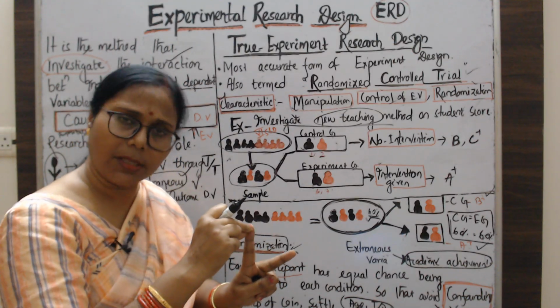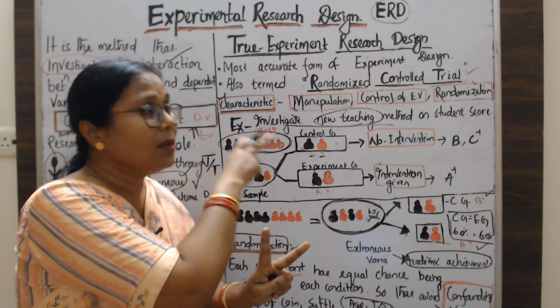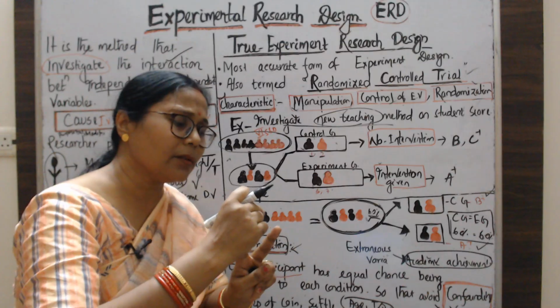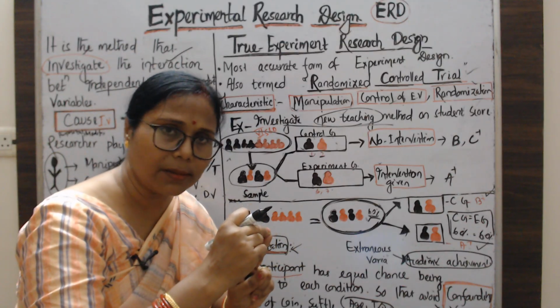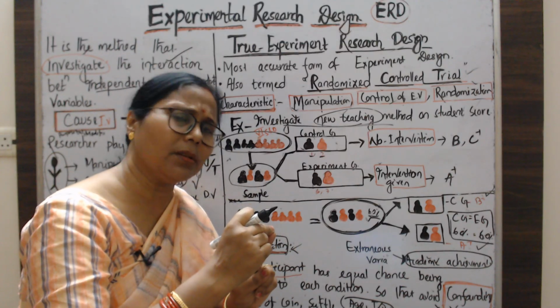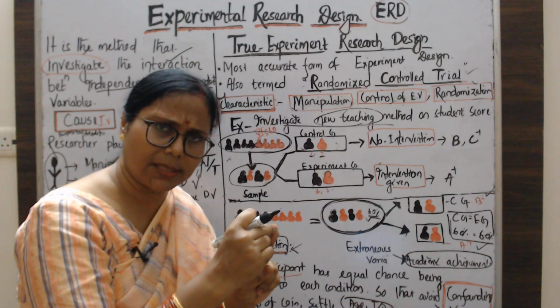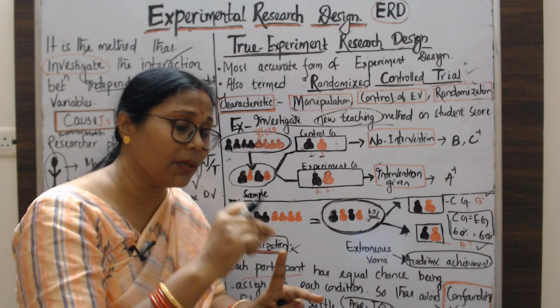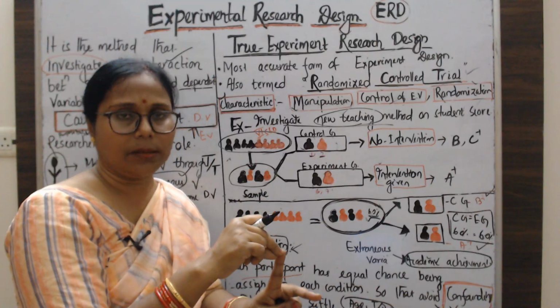Since we are investigating new methods of teaching, in the control group we are not providing the new methods. As usual, they are taught regularly in class, but in the experimental group we are providing the new methods of teaching.